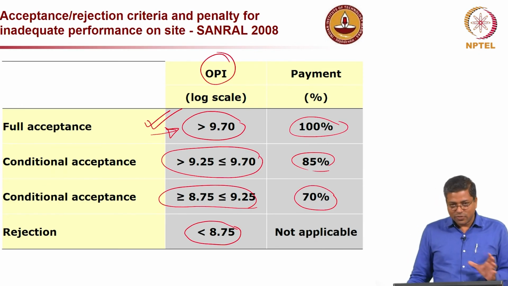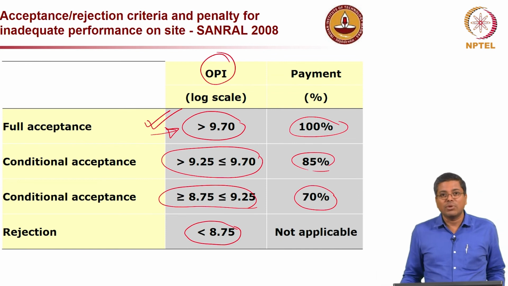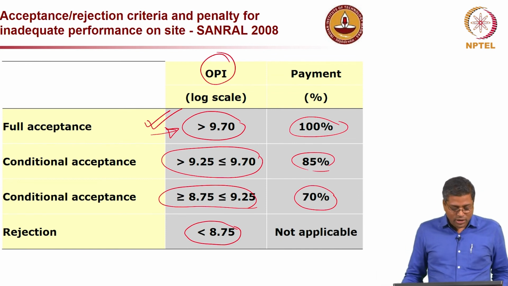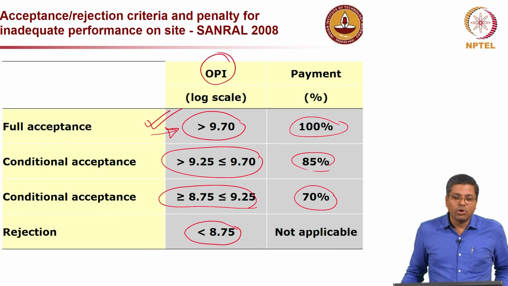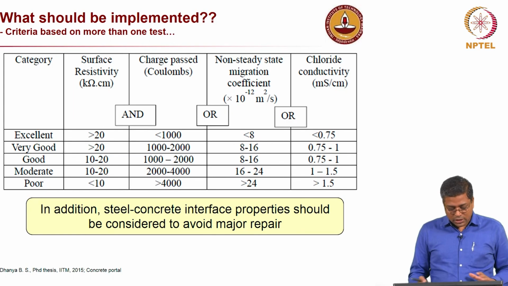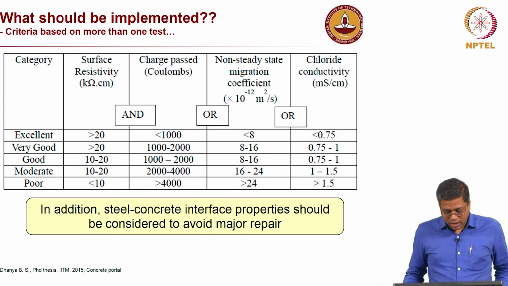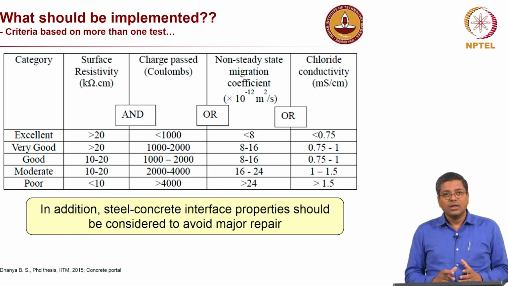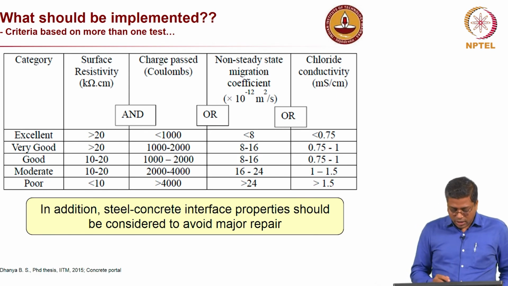If that kind of contractual agreement is made, then we will definitely see much more durable concrete structures and much more durable repairs also. So, this is a typical example of how we look at these different tests and a combination of the test parameters.